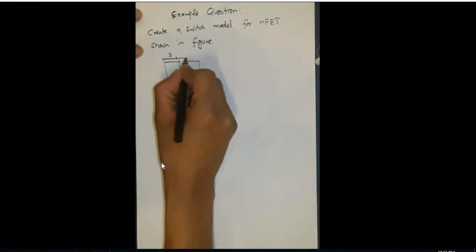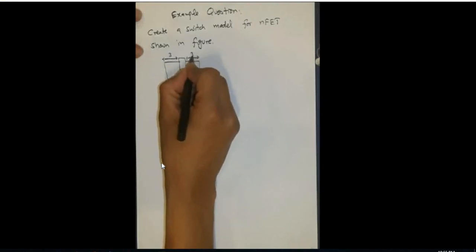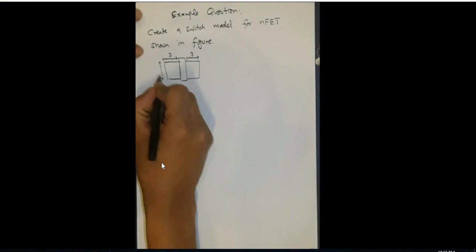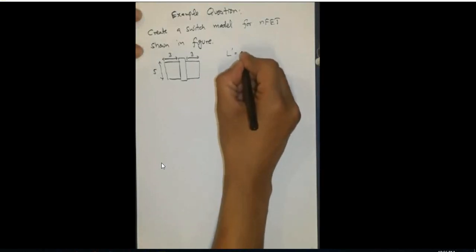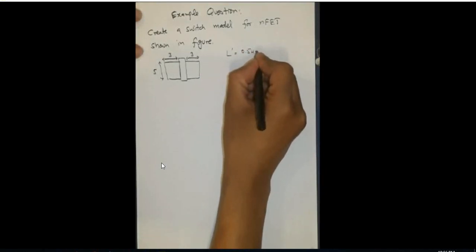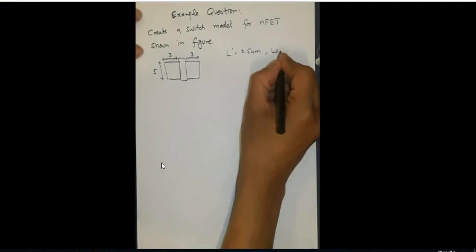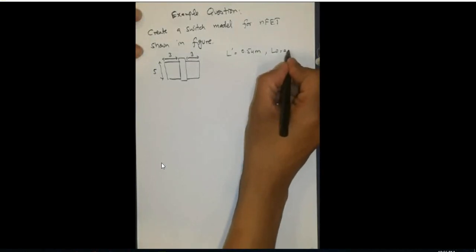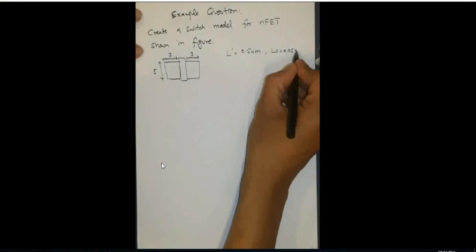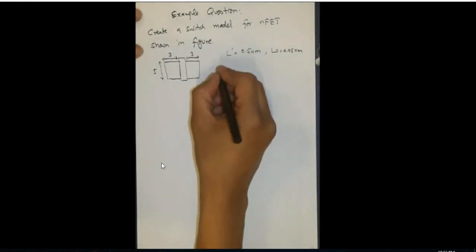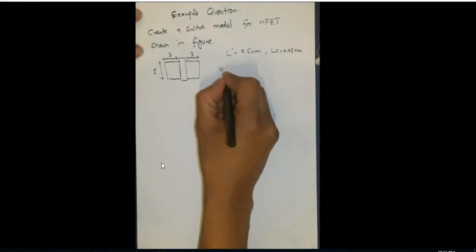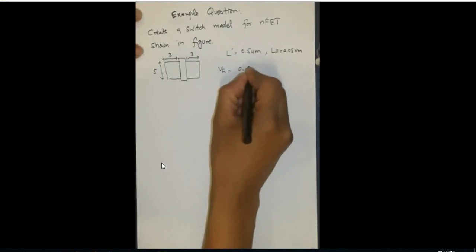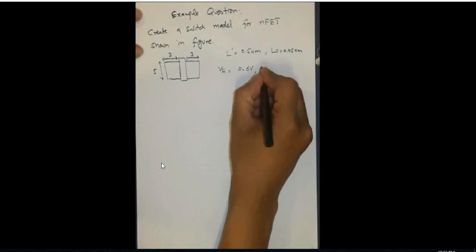We have this length as 3, and this one is also 3. We have this width as 5, and we have some other factors which are given as L bar is equal to 0.5 micrometer and L naught is equal to 0.05 micrometer, and we have VTN is equal to 0.6 volts.